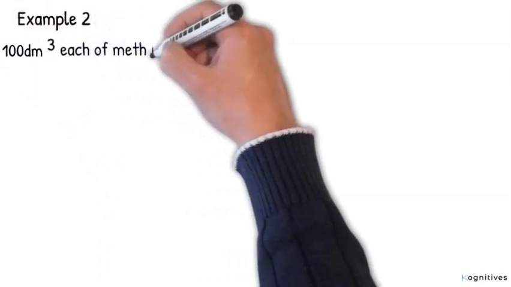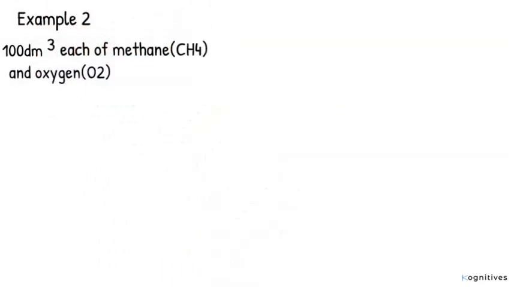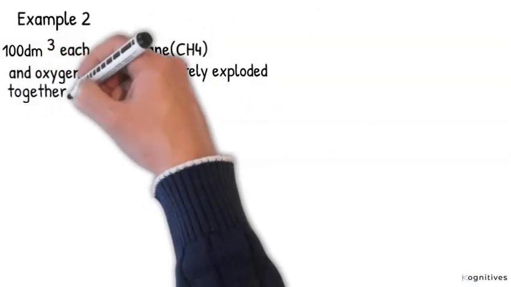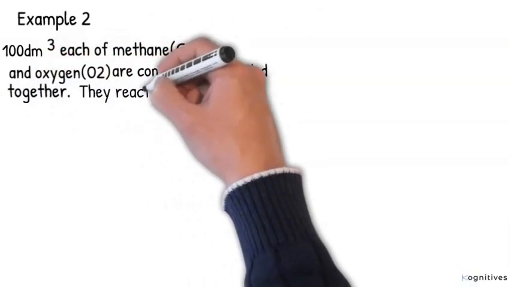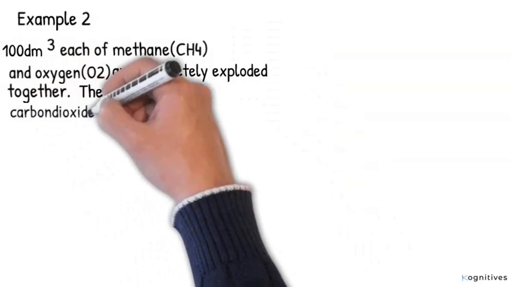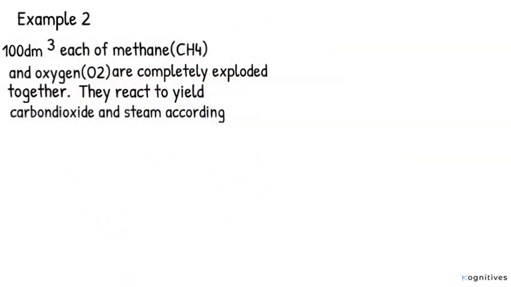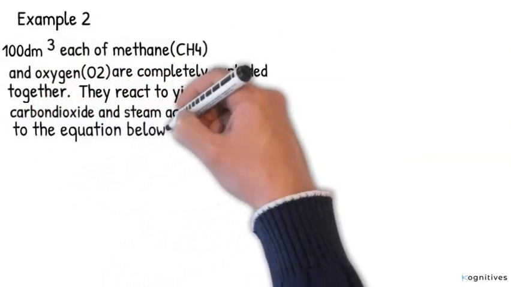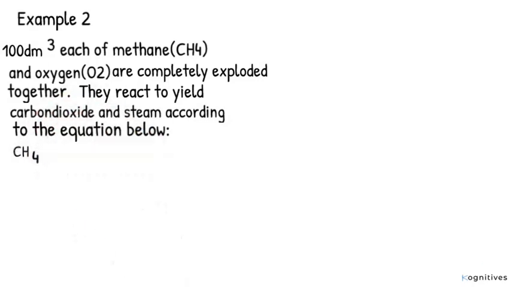100 dm cube each of methane and oxygen are completely exploded together. They react to yield carbon dioxide and steam according to the equation below. Methane plus oxygen gives you CO2 plus water.